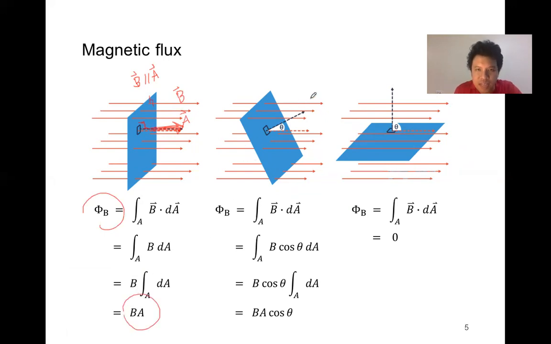But if B makes an angle theta with A, then phi B is BA cosine theta, which is the dot product between B and A. But if the magnetic field B is perpendicular to A, or theta is 90 degrees, there is no field line passing through the blue area, and the magnetic flux is 0.